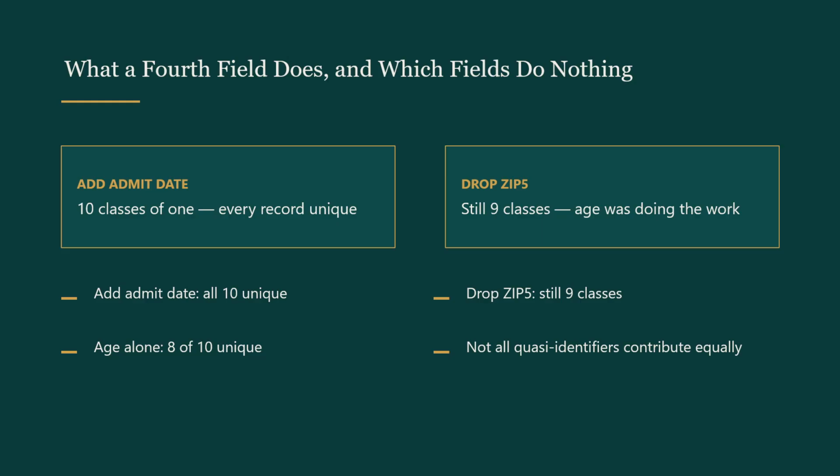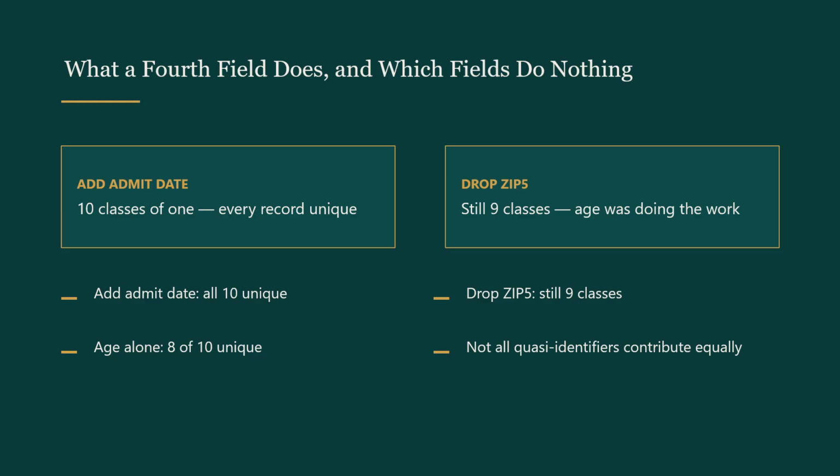Experiment 2, and this is the one nobody expects. Remove a field. Drop zip5 and group on age and sex alone. R01 and R03 are both 34-year-old females, so they still pair. Every other record still has a unique age. 9 classes again, exactly the same 9 classes.